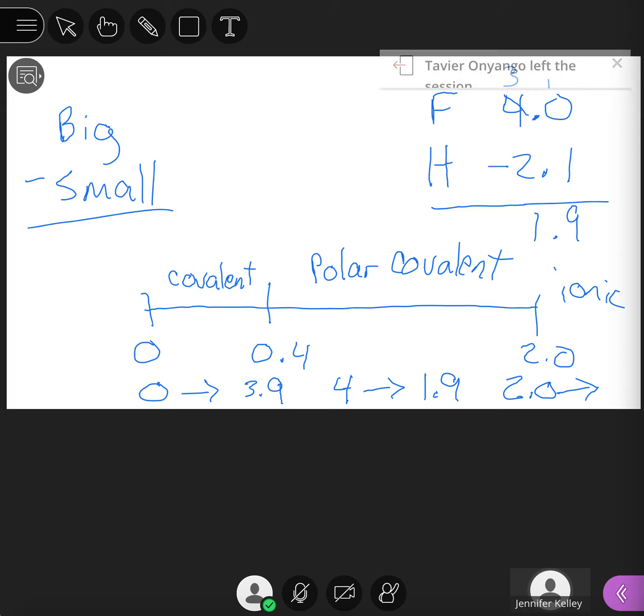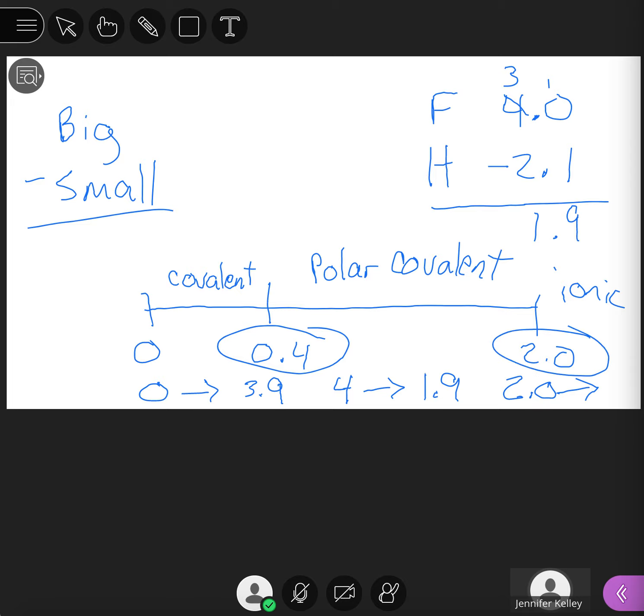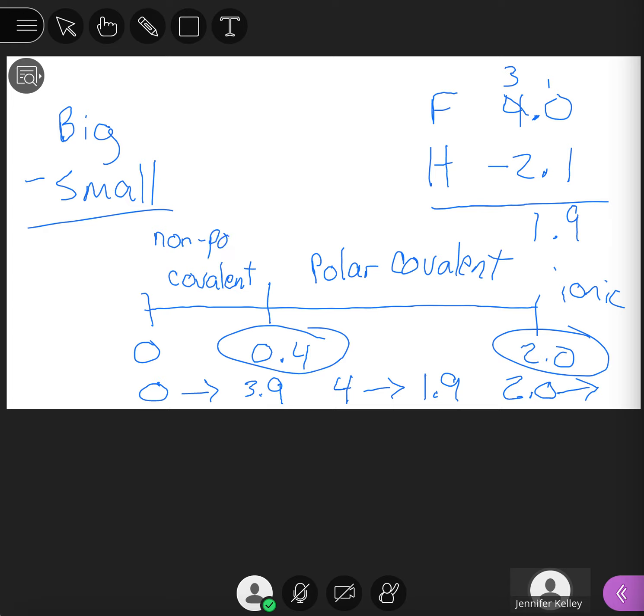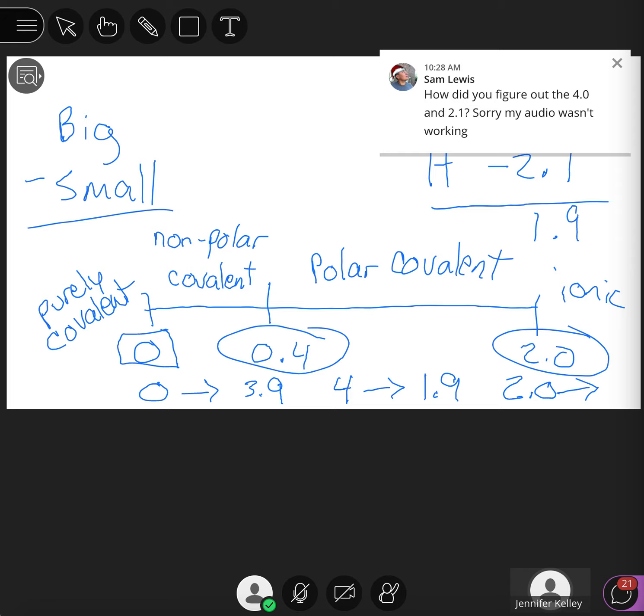There's really only two numbers you have to remember, 0.4 and 2. And if you get something with a 0 value, that's called purely covalent, or pure covalent.